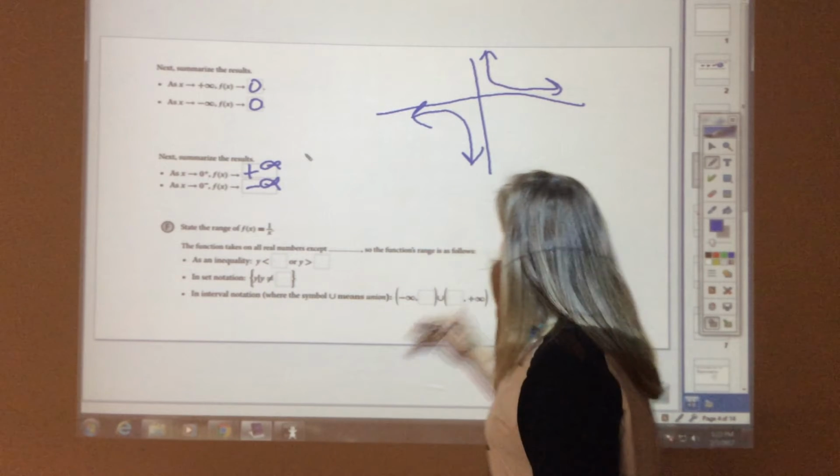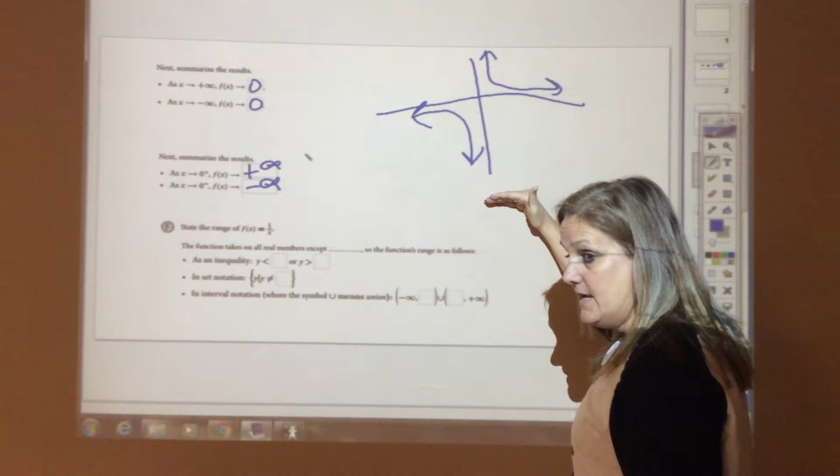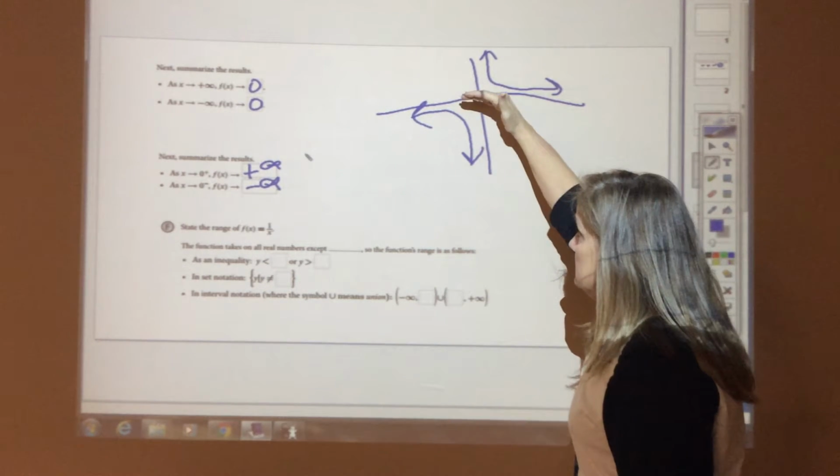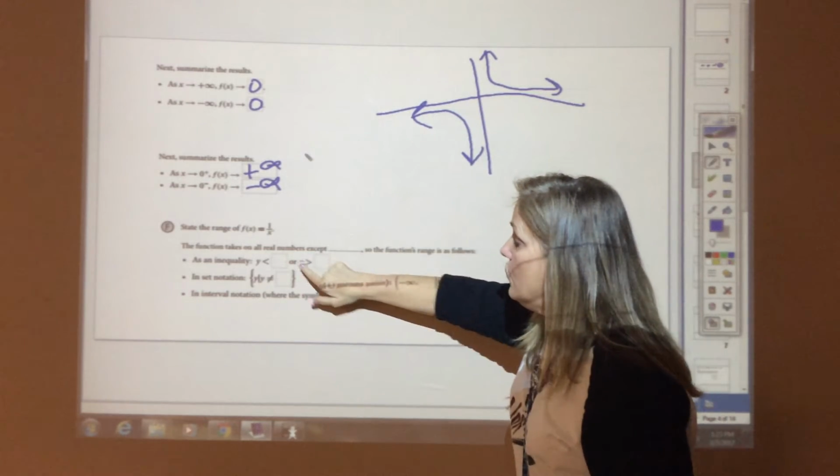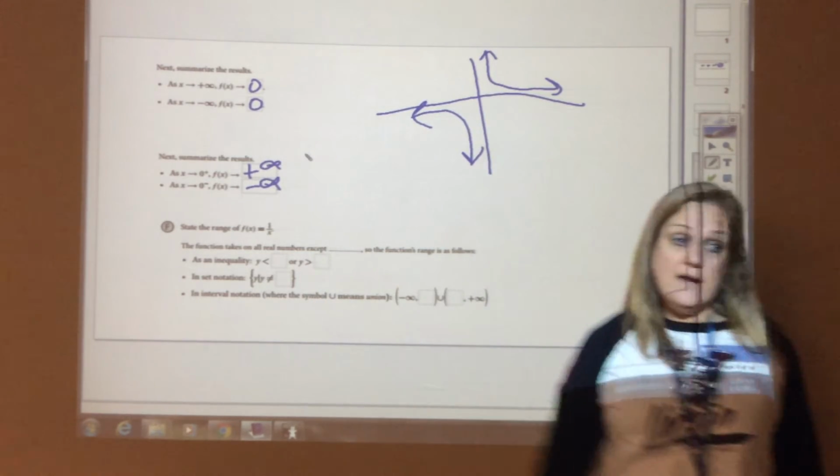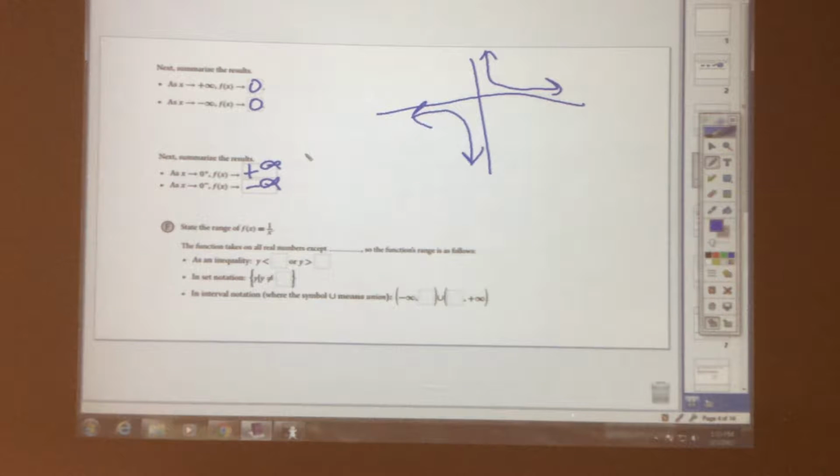So y is less than 0 or y is greater than 0. In set notation, braces y such that y is not equal to 0.